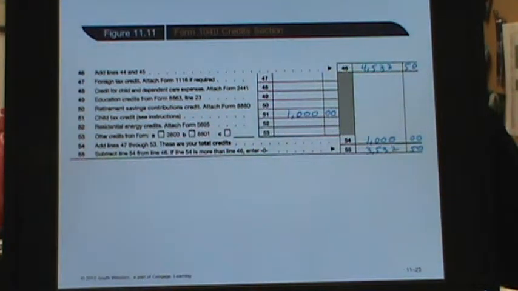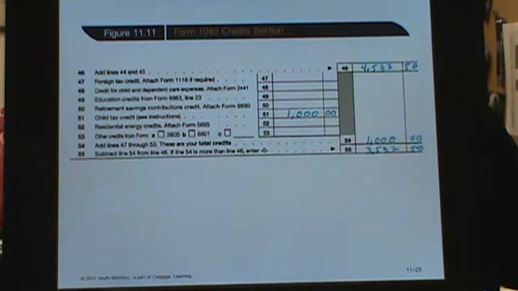This is a 1040 credit section. This is what your accountant does, by the way. They're the ones that are going to fill all this stuff out for you. But if you study, you can do it on your own. This is a credit section, so if you have any child tax credits or if you apply to any of those, you can see instructions and get guidance there.